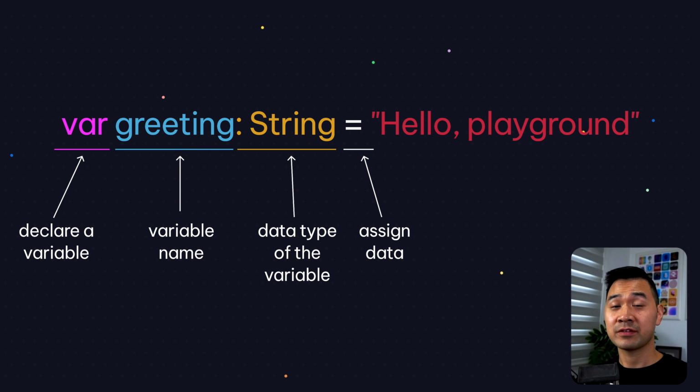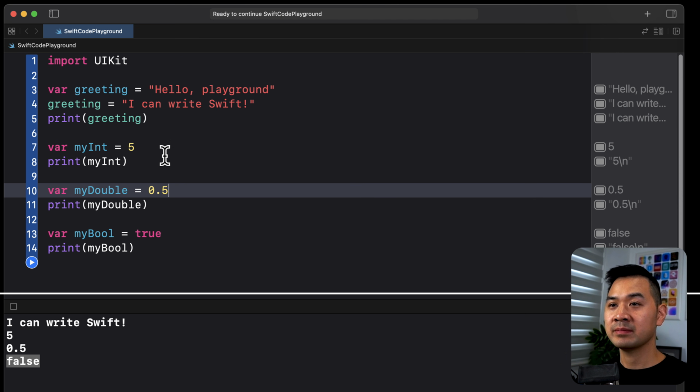Now here's the kicker, variables can only store data of the same type that you declared for that variable. Now you might be thinking, looking at this playground, where have I declared any data types in these variable declarations? None of them have that colon data type. Well, what's happening here is a shorthand.